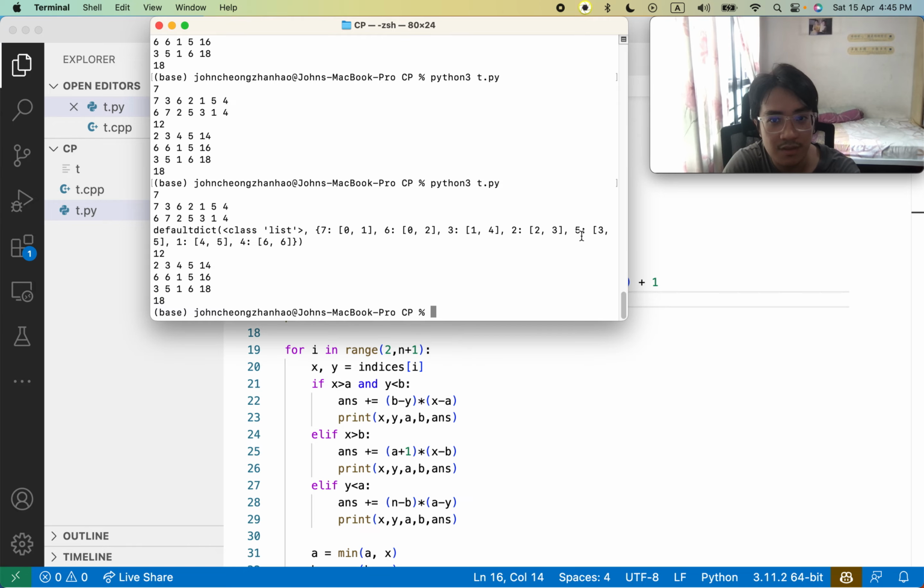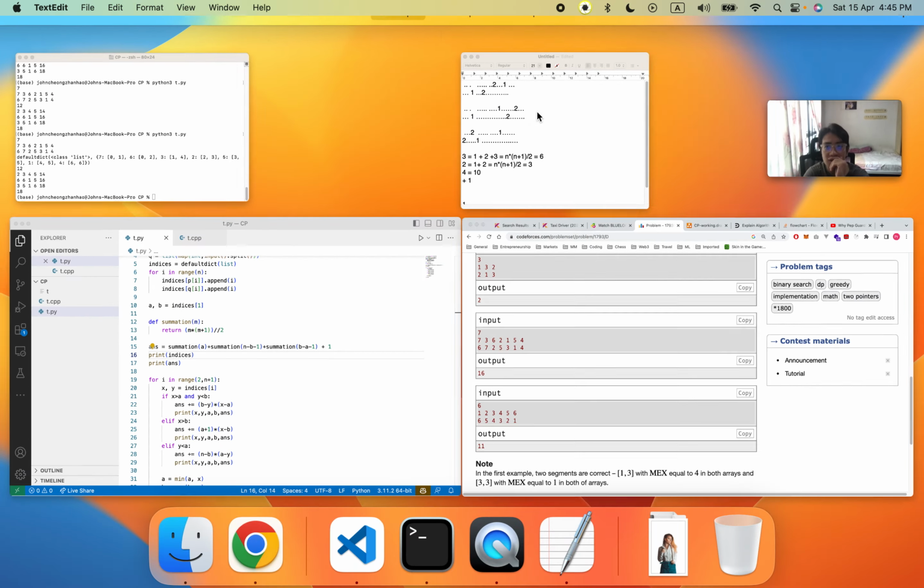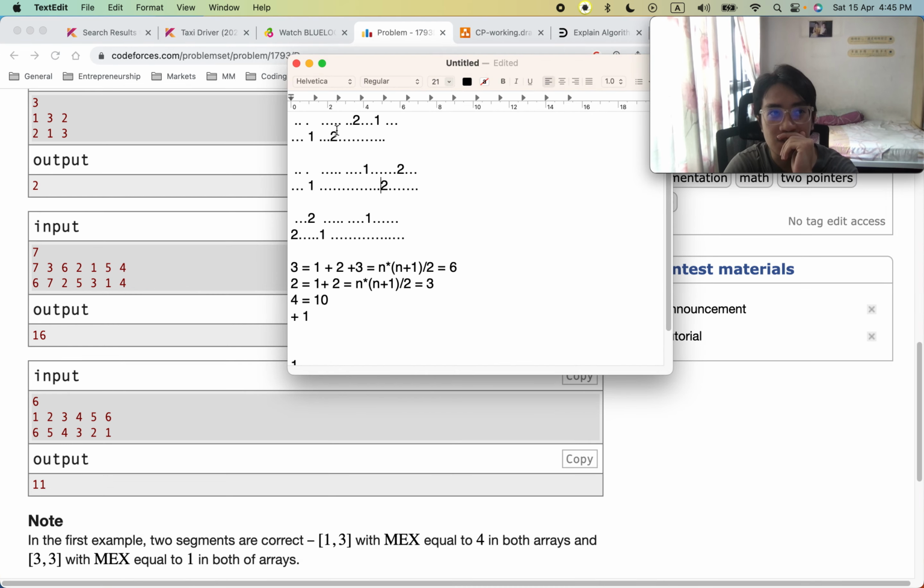Do we have a 3, 5 here? 5 is at 3, 5. 0, 1, 2. Oh, 3, 5. Okay, 5. And now it's 1, 6. Wait, was I wrong about this? If it's in between. Man, I was completely wrong about this. Shit.